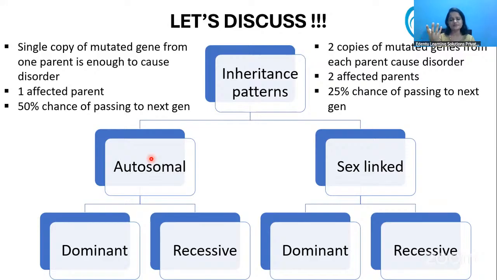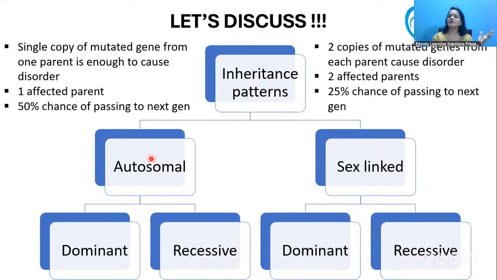So that is what you mean by the carrier. In the dominant pattern, there will be no carriers because that mutated gene is present, it will be expressed. But in the recessive pattern, carriers will be there, because some kind of mutated gene will be present inside the body but may not be expressed. So that's why it's called a recessive gene.